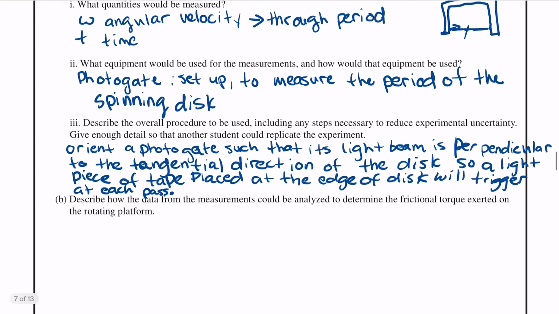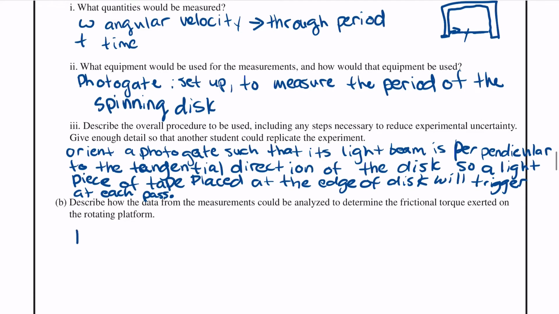That said, describe how the data from the measurement could be analyzed to determine the frictional torque exerted on the rotating platform. Yeah, that's great. So the idea is that we were going to plot angular velocity with time, but what we have is period with respect to time right now. But that's okay because we chose to measure period because period is very easily relatable to angular velocity. We have on our formula sheet that T, which is period, is equal to 2 pi over omega.